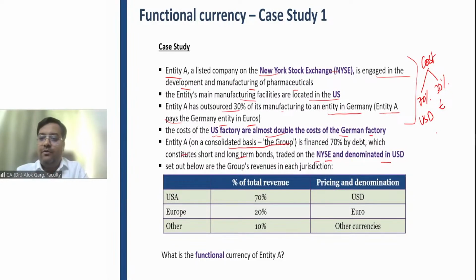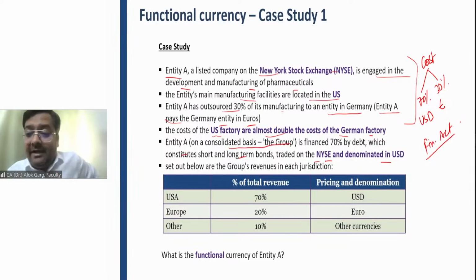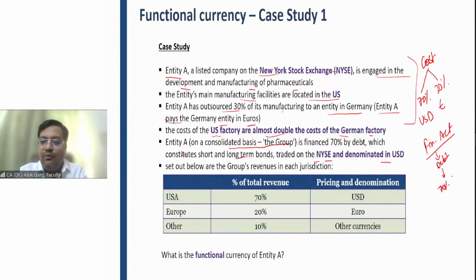If I talk about my financing activity, this is a listed entity, and probably it has raised its capital in the US only, right? And the debt, 70% debt is in US dollar, right?